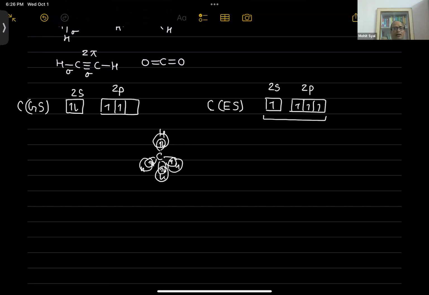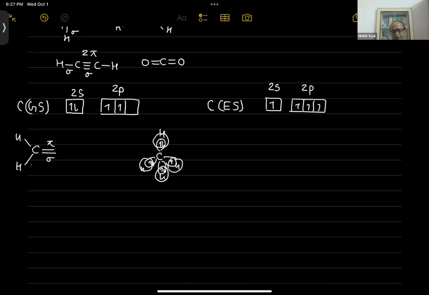Suppose you try to form ethene. How many sigma bonds does each carbon have? Three sigma bonds. The total number of bonds is always four, but the sigma bonds are three because one is sigma and another is pi.